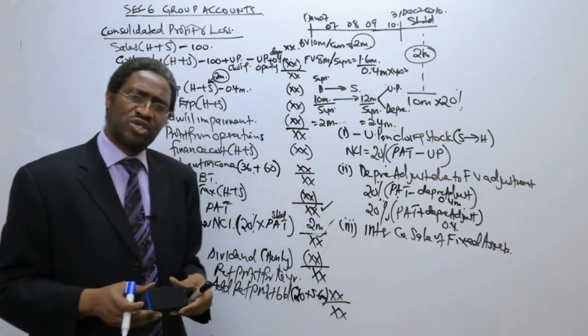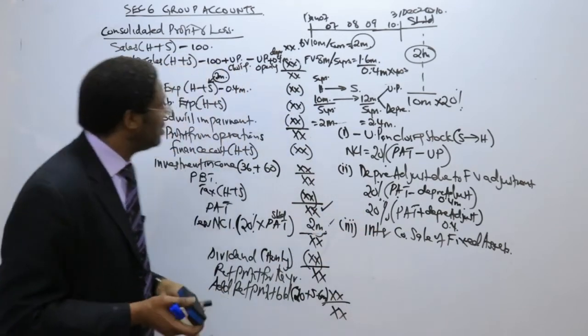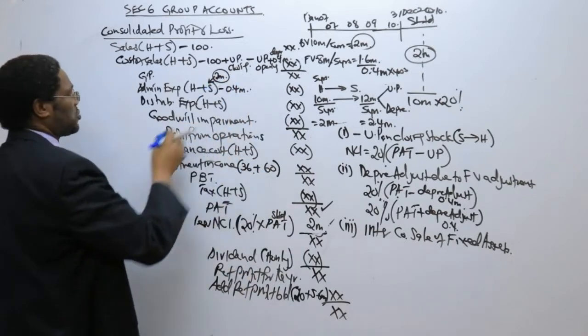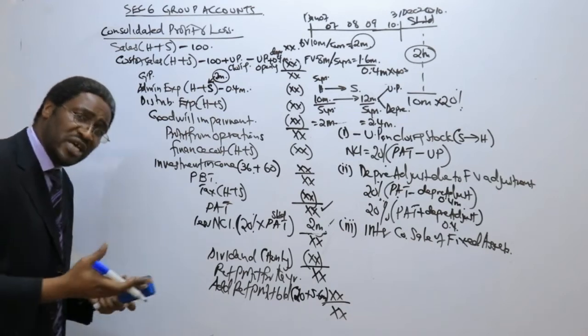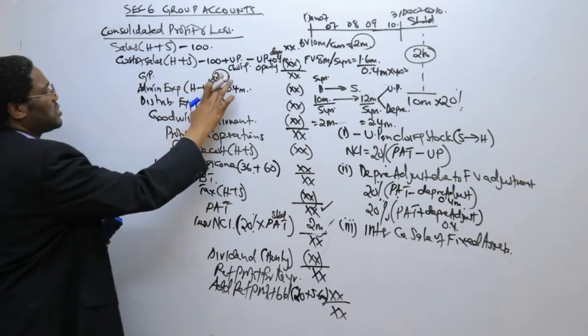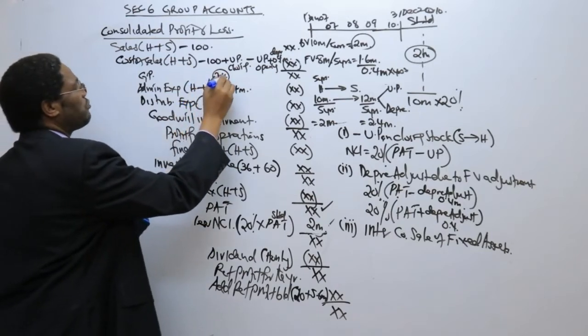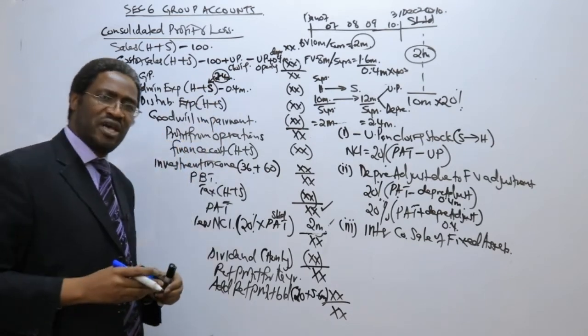Again, if the question tells you depreciation is classified as an admin expense, then when determining group admin expenses, you take the admin expense of the holding plus the admin expense of the subsidiary company. In their income statement, this subsidiary company was charging 2.4 million, which is okay as far as they are concerned.